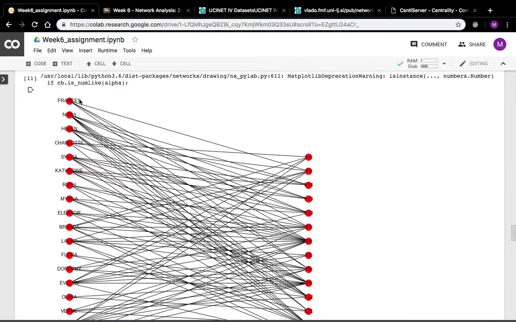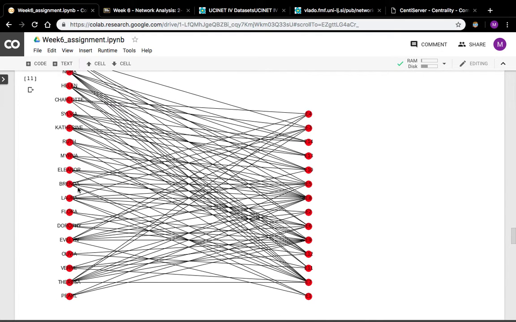You can see very clearly which events these women went to, and which events had the most women. Even here, event 8 and event 9 really stand out as key events that brought in a lot of women.